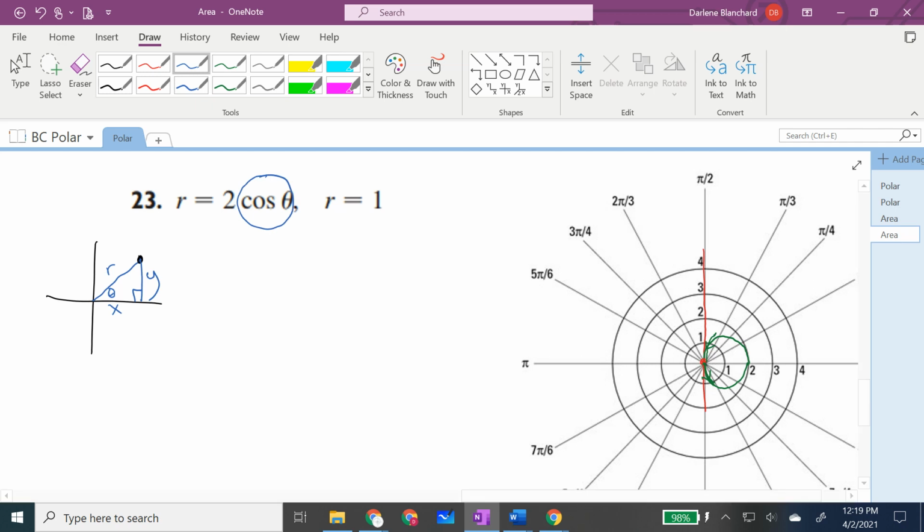So what is cosine theta according to that right triangle? X over R. Now start playing. Multiply both sides by R. And do you see the R squared going, hello, I'm a hypotenuse, I'm being squared? And then you go, oh, x squared plus y squared equals 2x.